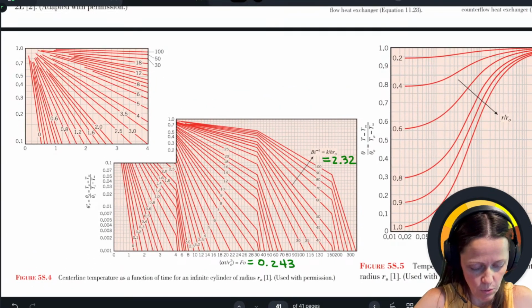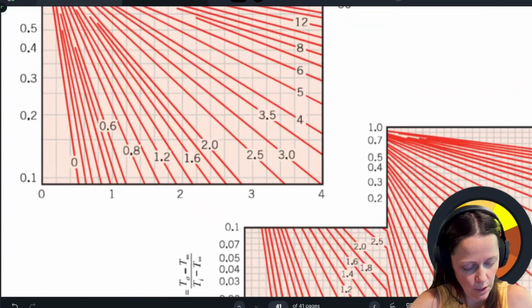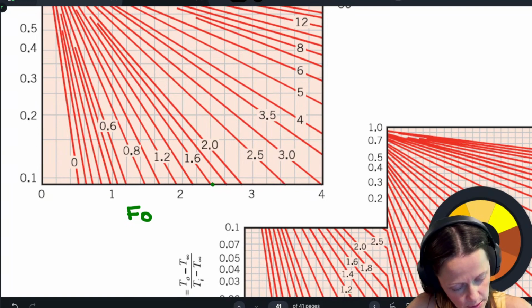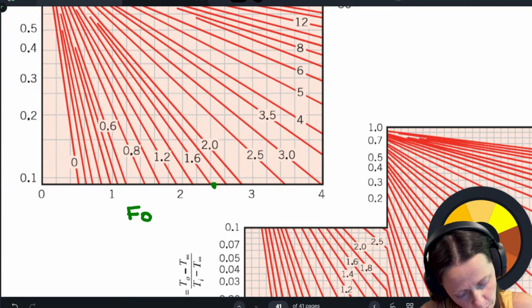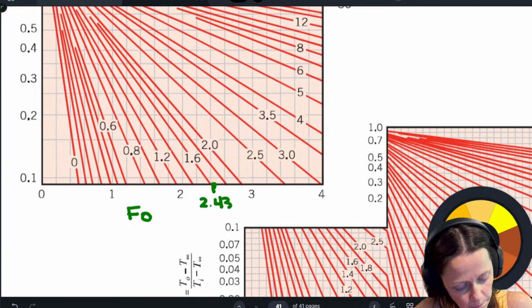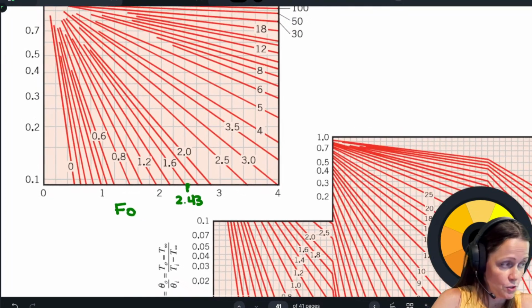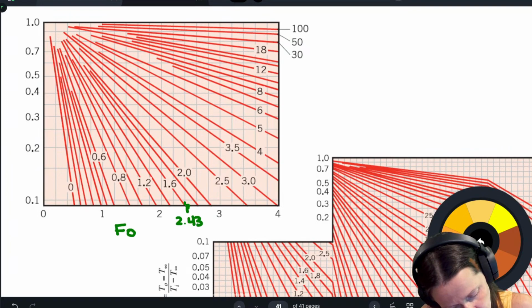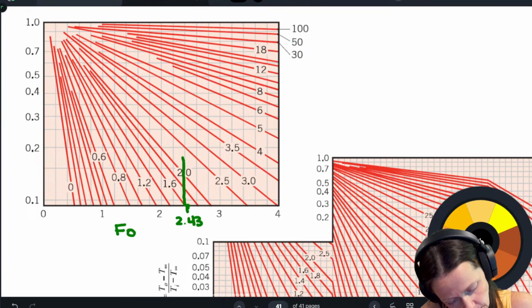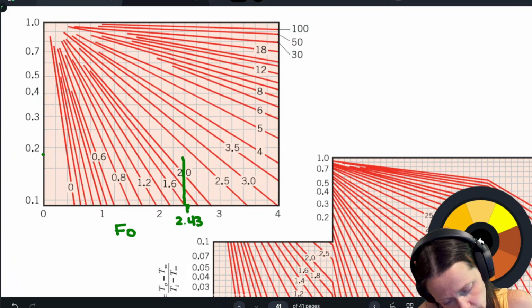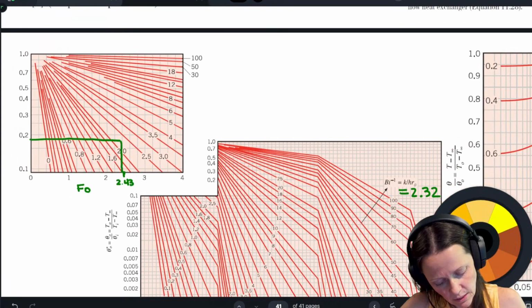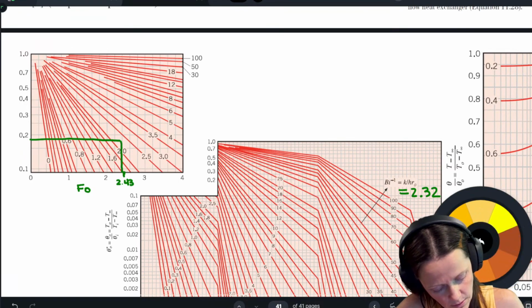I need to go to this little cutout up here, Fourier number 0.243. I don't know, about 2.4, yeah, probably about there. 2.43. And then our inverse Biot number, of course, is 2.32. So about right there. Maybe put it right there. There we go.